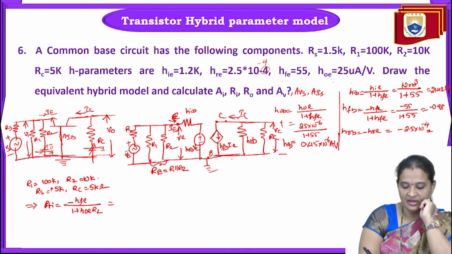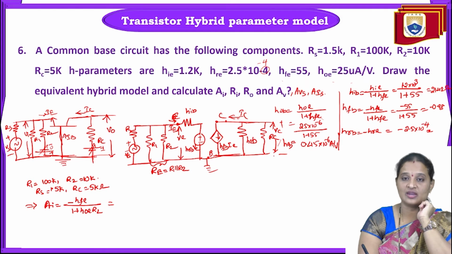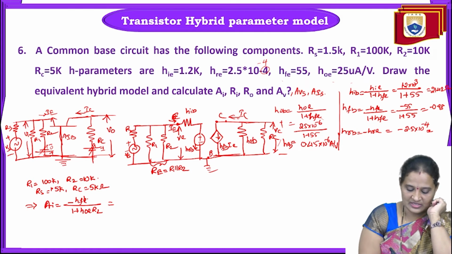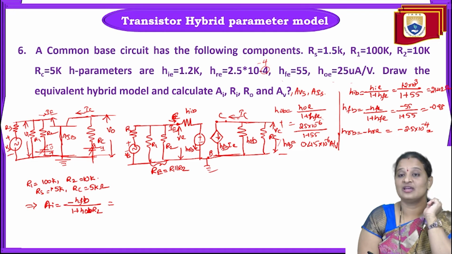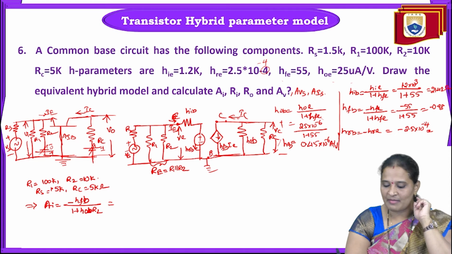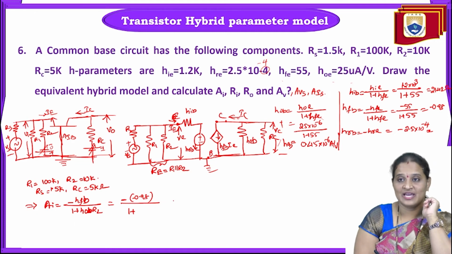What is RL here? Only RC is given, and across this RC we are taking the output, so RL equals RC. So minus hfb, since this is the common base configuration, so we have to use B. The hfb value is minus 0.98.